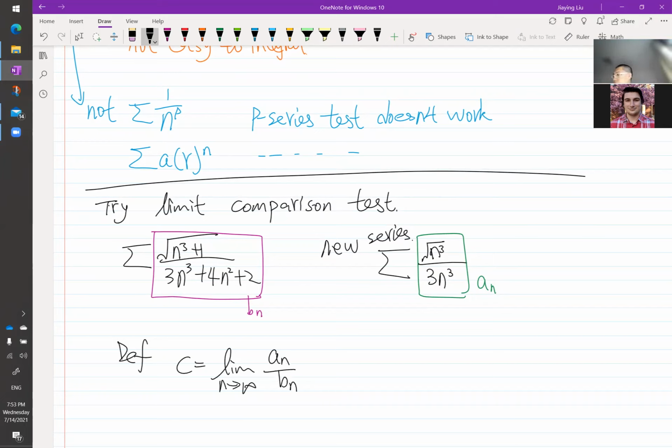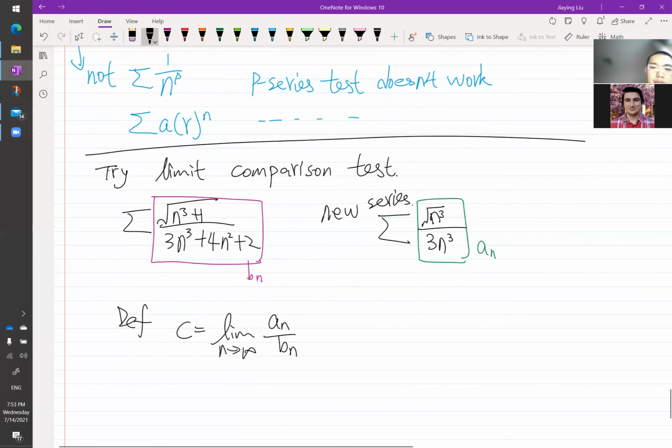Let me just double check, because as you can see, I don't remember everything. We want to know the C value. So from here we just plug in an and bn. It turns out that it doesn't matter which one goes in the numerator. You can put bn in the numerator and an in the denominator.